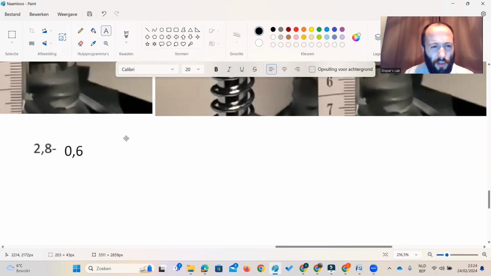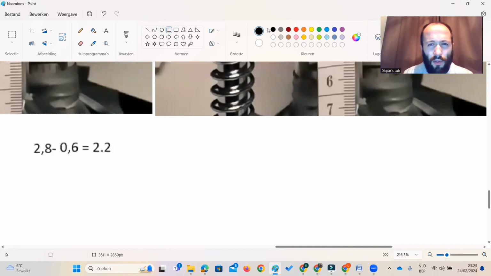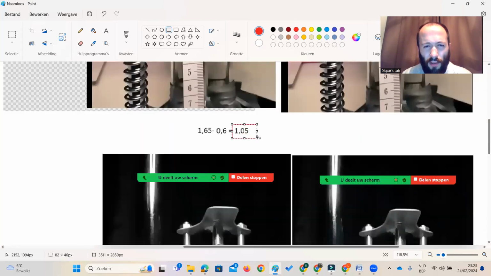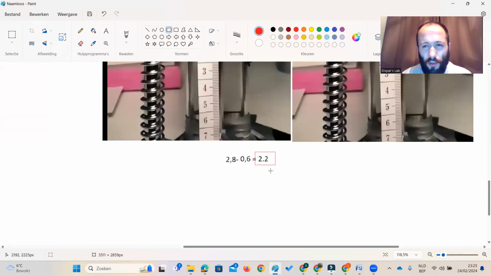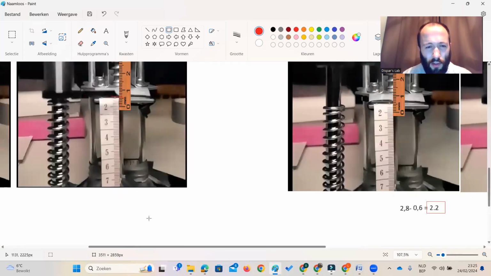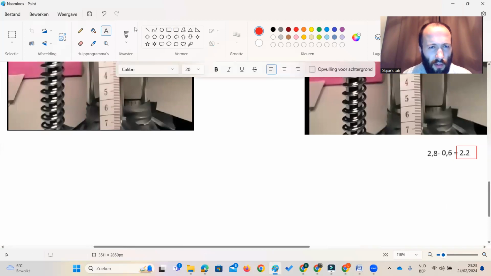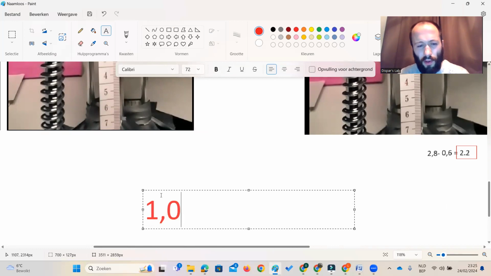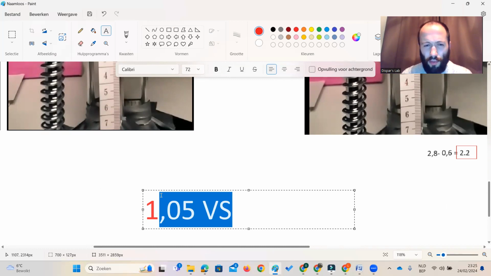So again, it's the difference of 2.2. 2.2 again. And this number is the same, 1.05 and 2.2. So we have a ratio, an average ratio of, let me write it a little bigger, 1.05 versus 2.2.